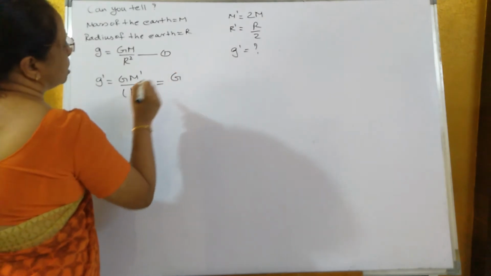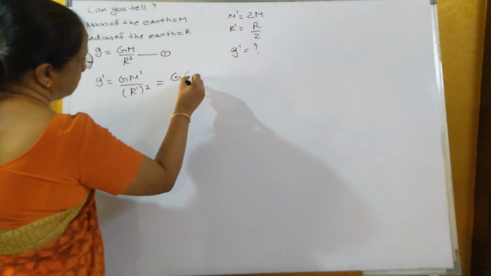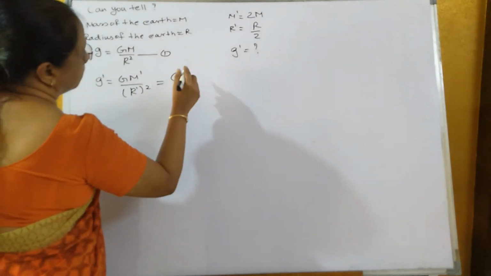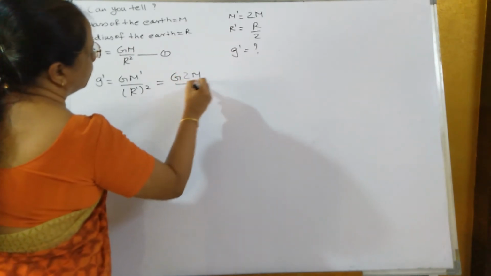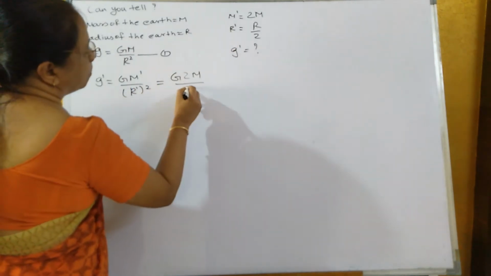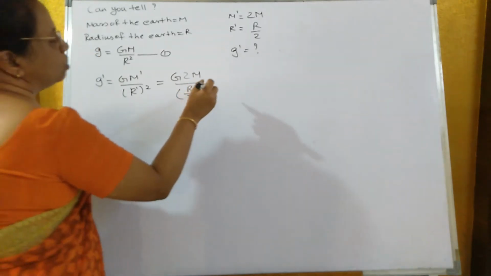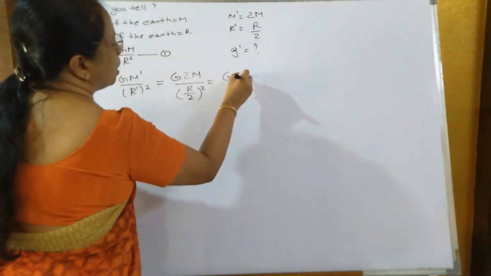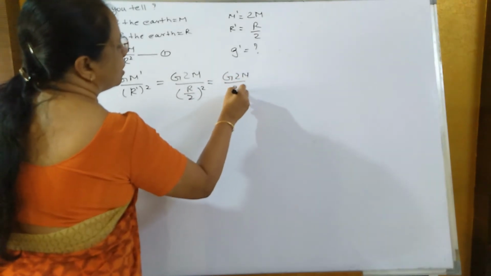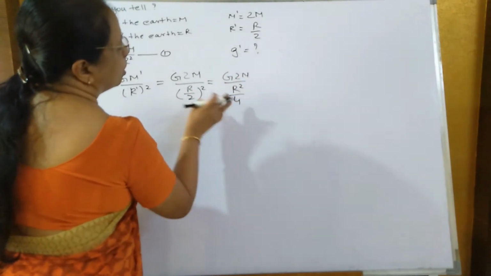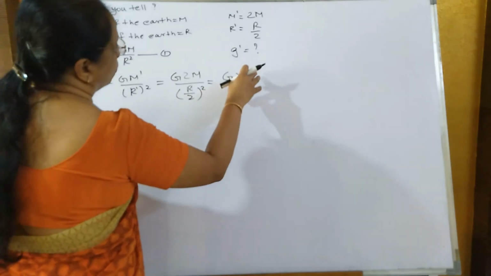That's equal to G. What is m dash? 2m upon, what is r dash? R upon 2 the whole square. That's equal to G 2m upon r square upon 4. Now take this r square upon 4 into the numerator.